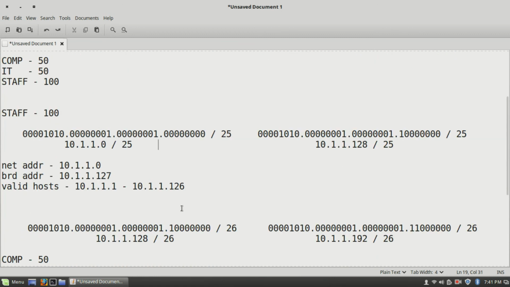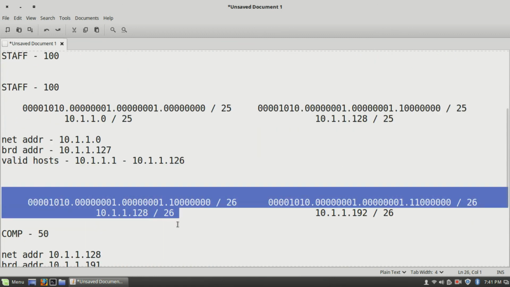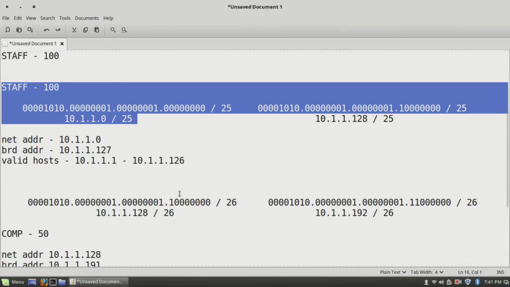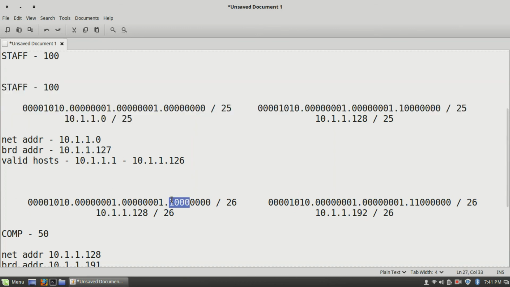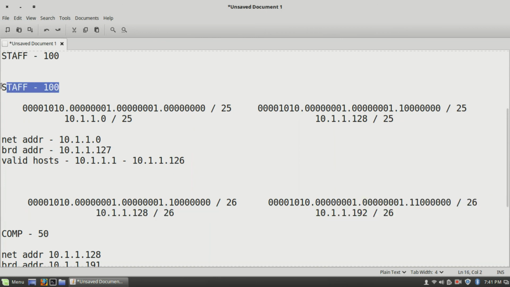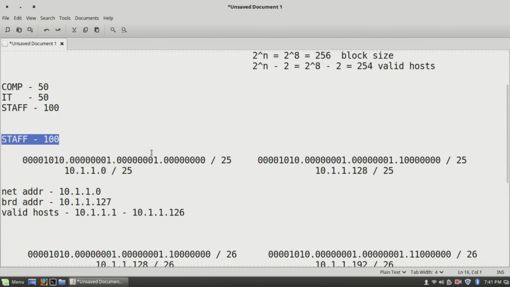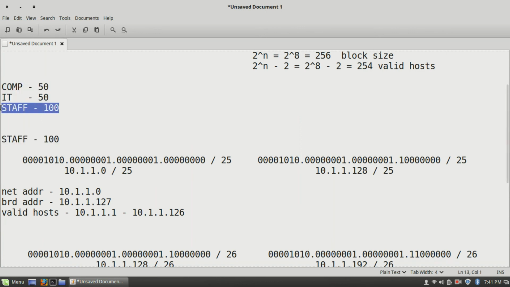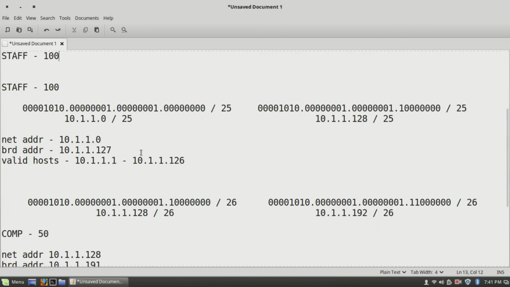If I would have created smaller networks initially, I would not have been able to create this network, because I would have already assigned more number of bits to network and I would have been left with smaller networks, so I would not have been able to fulfill this requirement. So when we are creating subnetting, when we're dividing a network, go with the descending order. Work for the largest network first and then go for the smaller networks one by one.